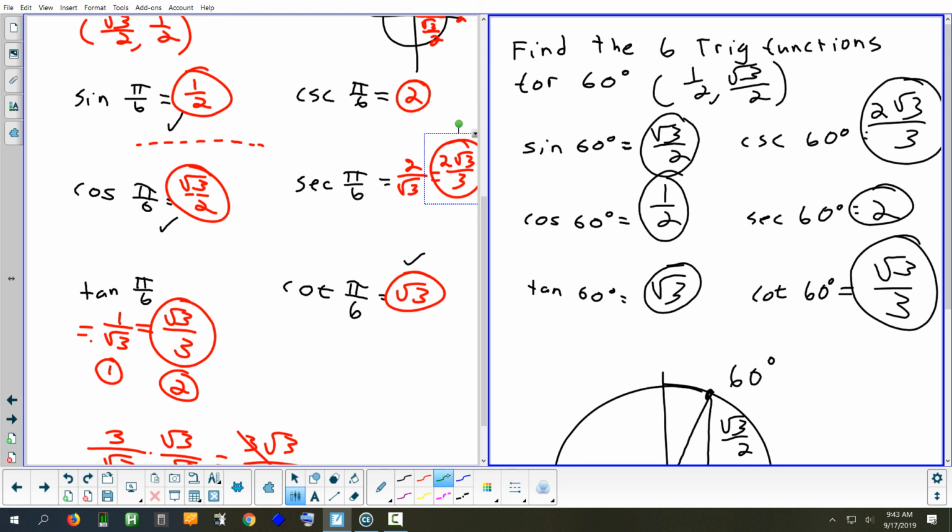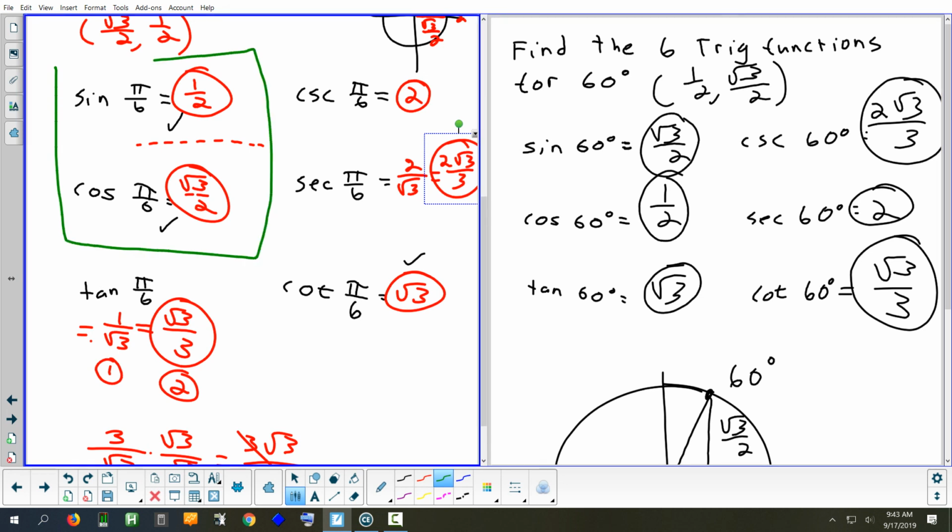So if you look closely, those two switched. The sine and the cosine, those two answers switched places. So did the cosecant and the secant. Those two answers switched places on the right side.